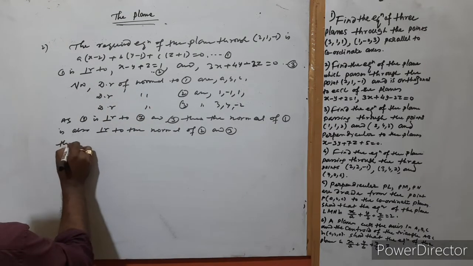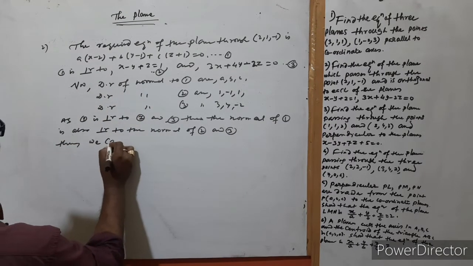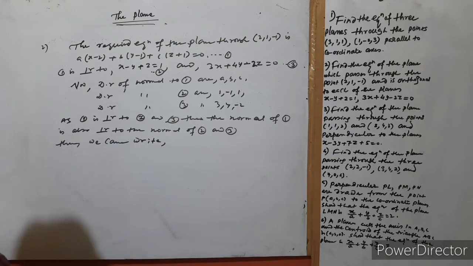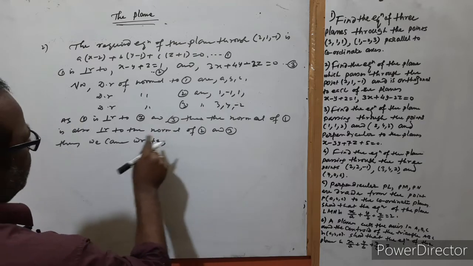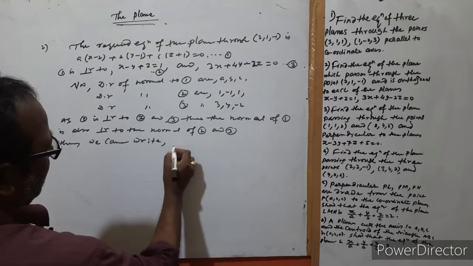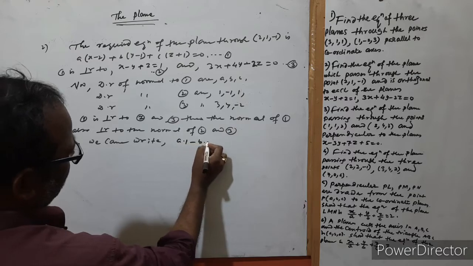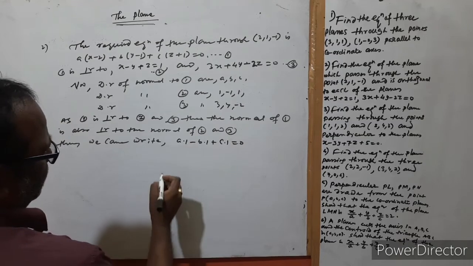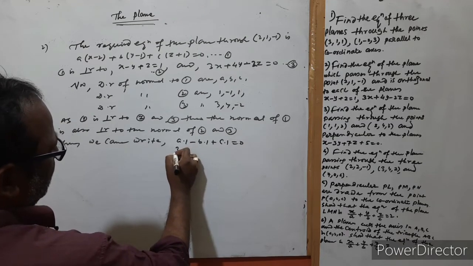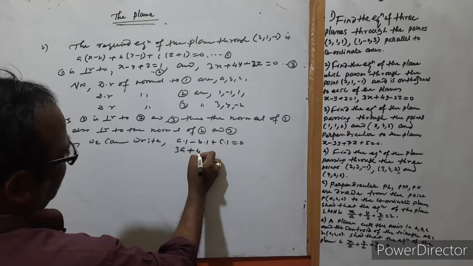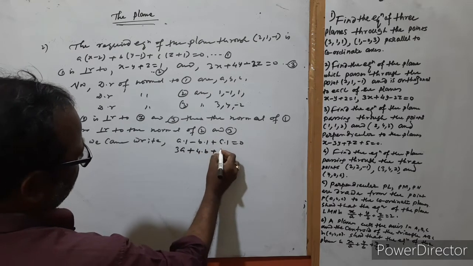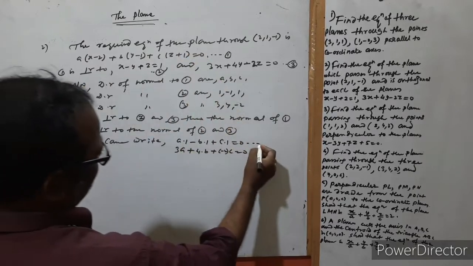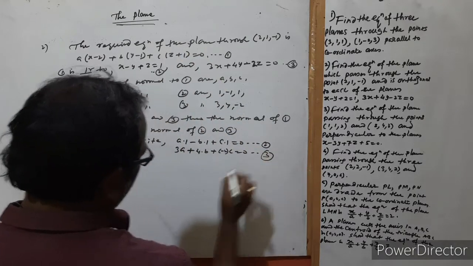Then we can write a into 1, b into minus 1 and c into 1 equal to 0, and 3a plus 4b minus 2c equal to 0. So this is here 1, this is 2 and this is 3.